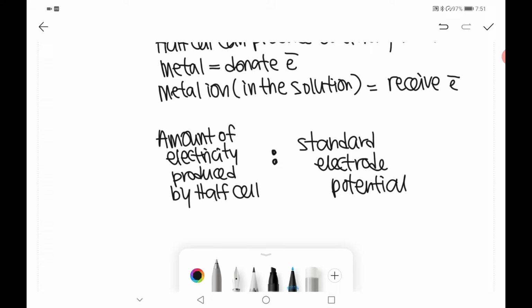As simple as that. So standard electrode potential is the amount of electricity produced in a half cell.